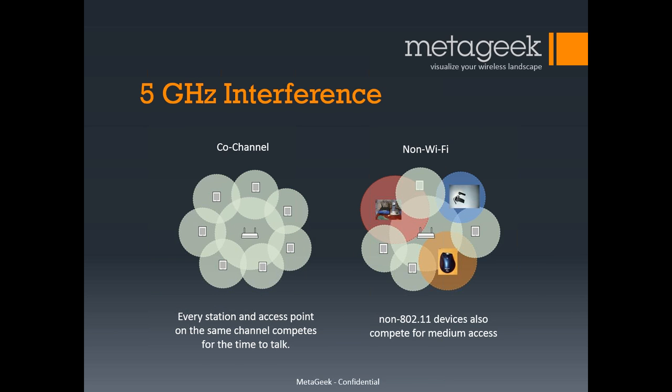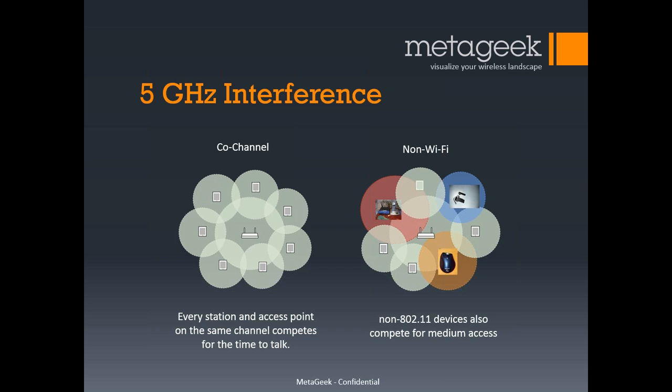5 gigahertz interference I talked about earlier. You won't be affected by adjacent channel because there are 24 non-overlapping channels in the 5 gigahertz spectrum. Maybe years down the line when they're all full, it'll become like the 2.4 gigahertz where you have to compete for space. But as of now, there's so much empty space in the 5 gigahertz band that you won't encounter adjacent channel interference.